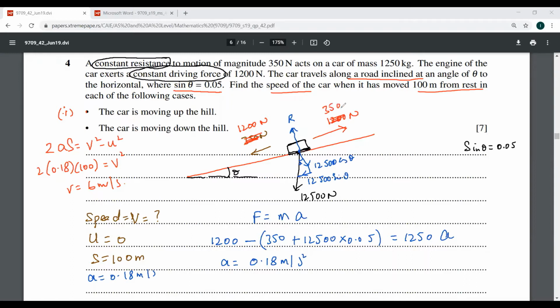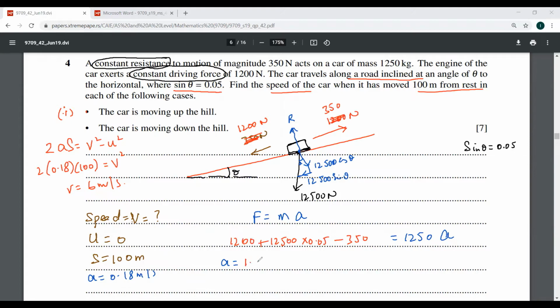While calculating the acceleration, the equation changes: 1200 plus 12,500 into 0.05 minus 350. So what is the acceleration this time?